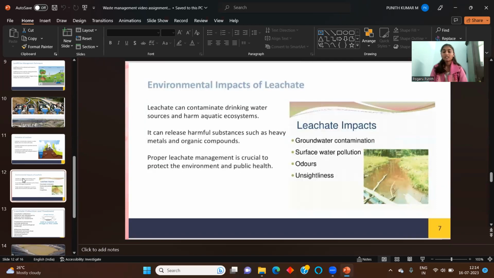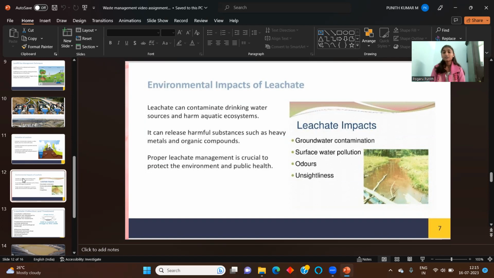Environmental impacts: a leachate can contaminate the drinking water sources and harm the aquatic ecosystem. It means if that waste leachate is released into any drinking water source or any sea or river, it impacts the aquatic ecosystem, and it also affects the health of human beings and the environment.